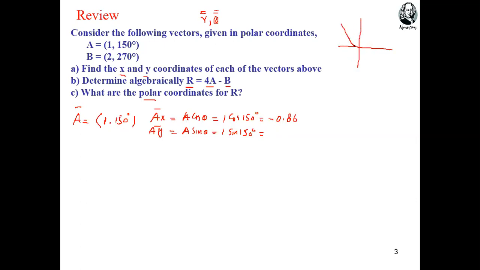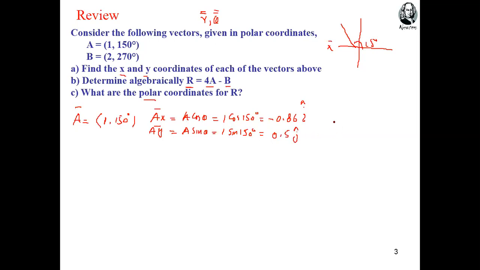Let's suppose the angle is here, 150 degrees. So we know that in the second quadrant x is negative. So our x component is negative, minus 0.86 i. Okay, sine 150, find sine 150 degrees. It will be positive because in the second quadrant y is positive. So sine of 150 degrees is 0.5, and j vector.